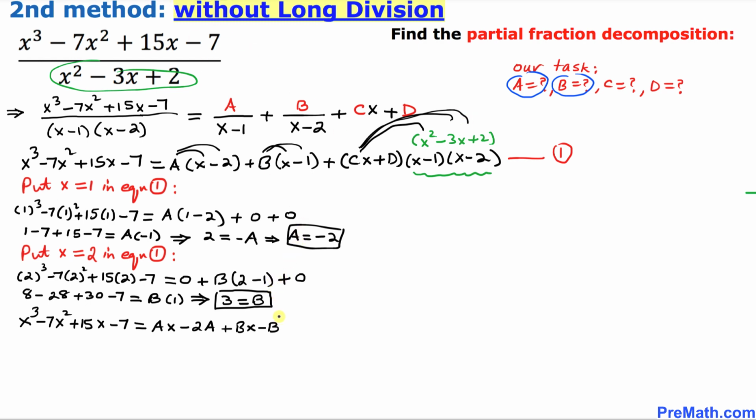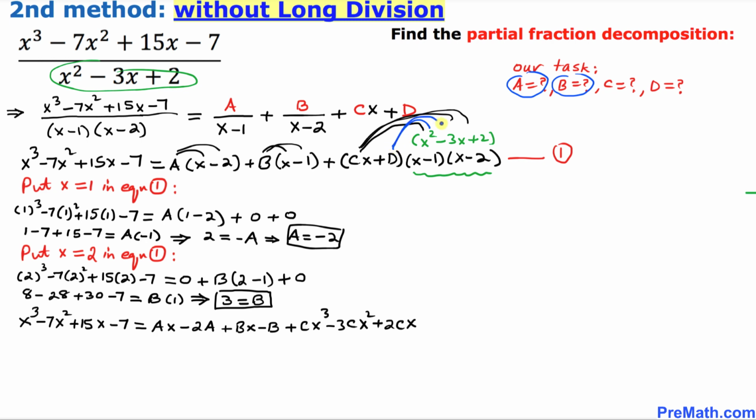So that is going to give us plus cx power 3 minus 3cx squared plus 2cx, and likewise we are going to do the same thing for the d part.